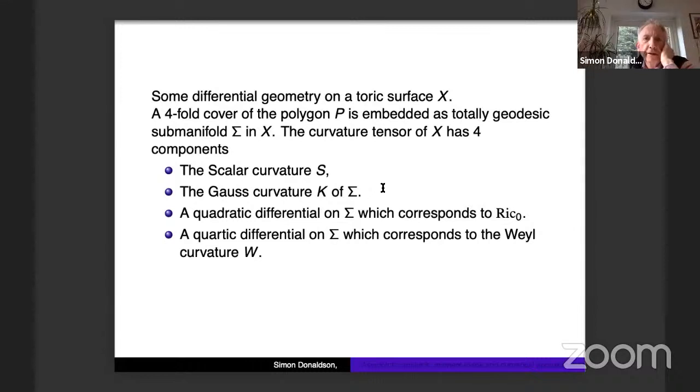The polygon is embedded as a totally geodesic submanifold inside X. And then the differential geometry of X can be analyzed in terms of four components of the curvature tensor, one of which is the scalar curvature. The other is the Gauss curvature of this surface inside X. Then there are two other things: one is a quadratic differential, which corresponds to the trace-free Ricci curvature, and then the Weyl curvature appears as a quartic differential on the surface.